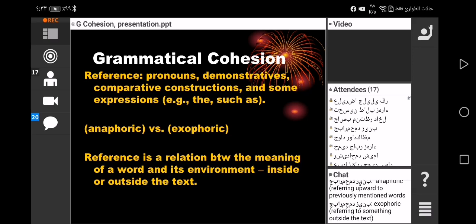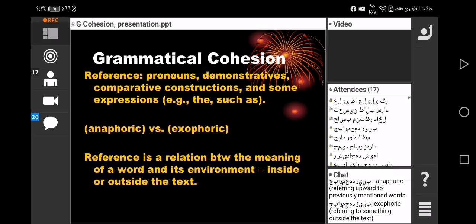So again, that relationship is established. Or such as indicates that you used a general category earlier, now you're specifying it. So the relationship between the general and the specific is achieved by means of an expression like such as. Such expressions are references.